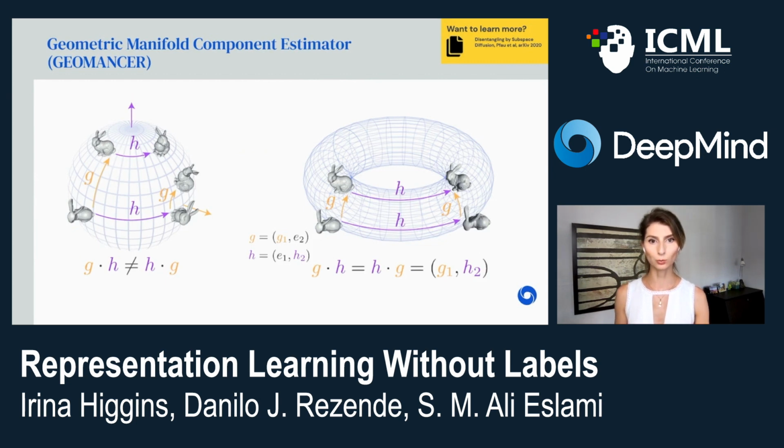Given how hard working in the original data manifold space is, there isn't a great number of approaches that attempt to do so. However, one recent paper is worth pointing out. In this work, Fao et al. tried to discover disentangled manifold factorizations using ideas from differential geometry.